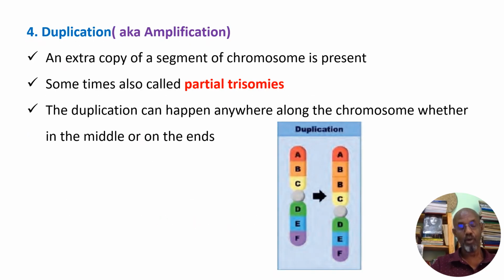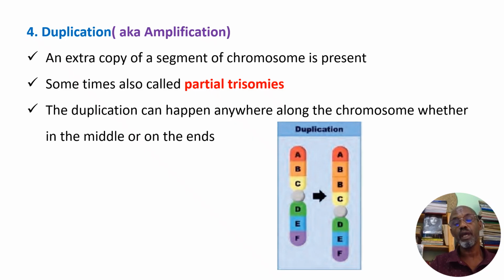The last type of structural chromosomal mutation is duplication, also known as amplification. An extra copy of a segment of chromosome is present within the chromosome, sometimes also called partial trisomy. They call it partial trisomy because part is found twice or thrice. In this case, this is a normal chromosome: A, B, C on the P arm, D, E, F on the Q arm.